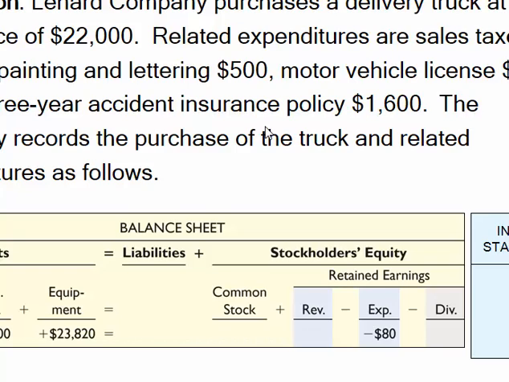Okay, so if you're asked to do a journal entry, you are decreasing cash by $25,500. You're increasing prepaid insurance by $1,600. You're increasing equipment by $23,820. And you are increasing an expense account by $80.